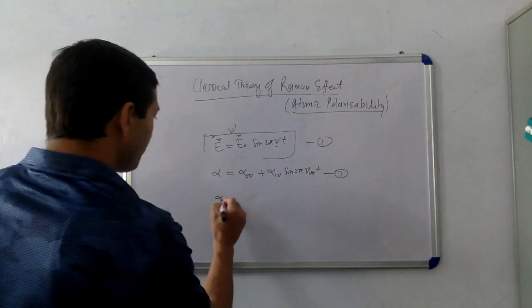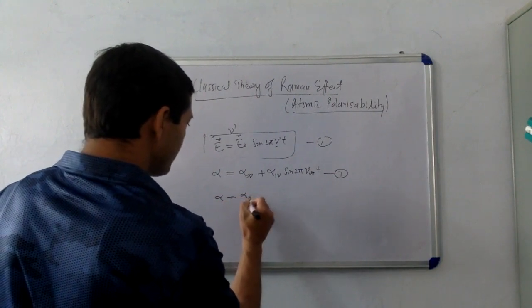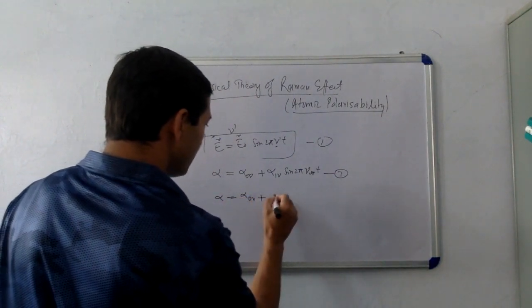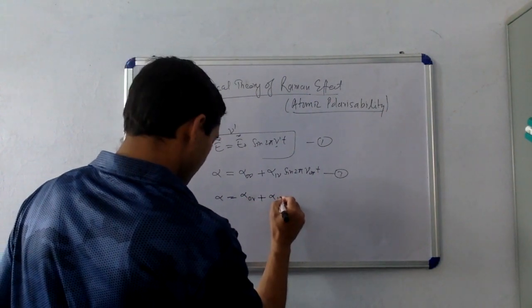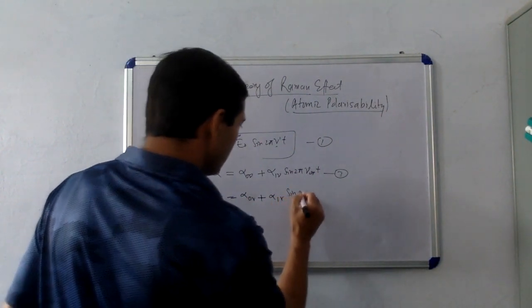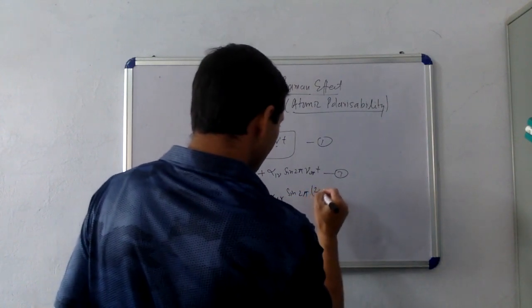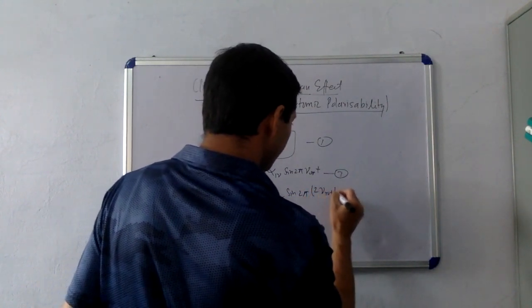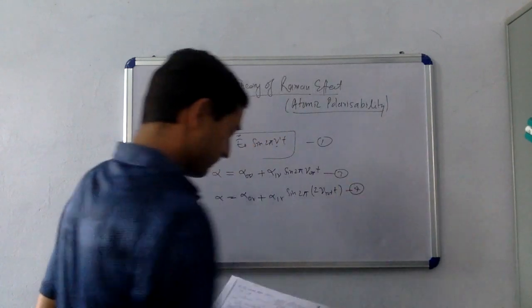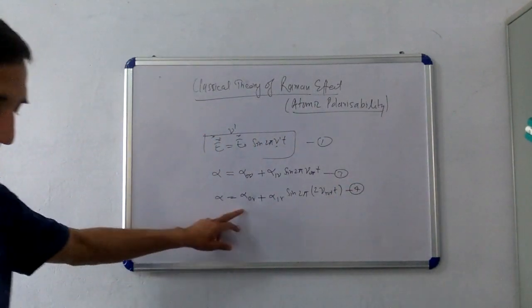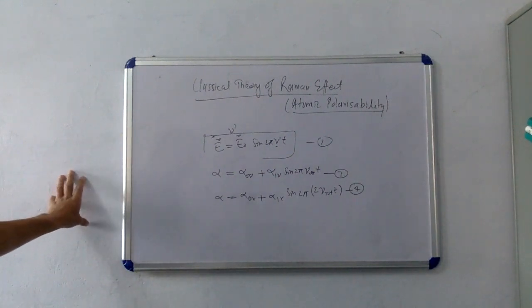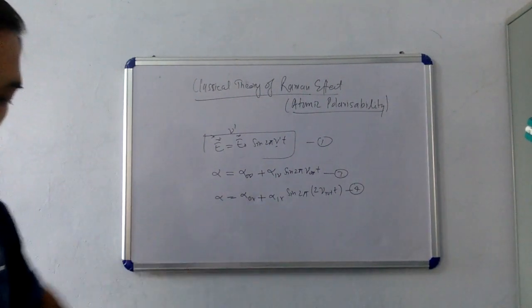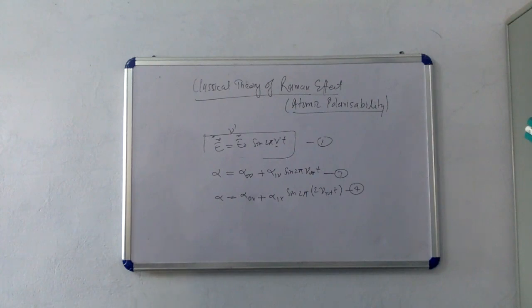Then alpha is equal to alpha naught of rotation plus alpha 1 of rotation sine 2 pi of 2 nu rotation of t, equation number 4, where alpha naught r is the average value of alpha and alpha 1 r is the maximum change in alpha during the rotation. The frequency with which the polarizability changes during the rotation is twice the rotational frequency.